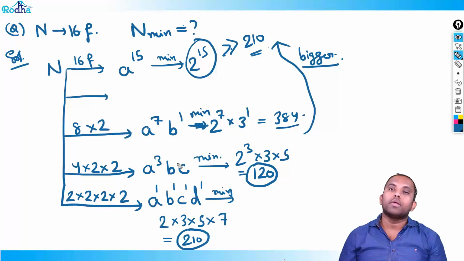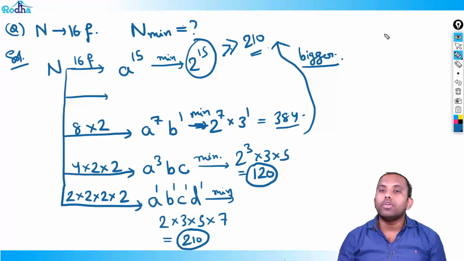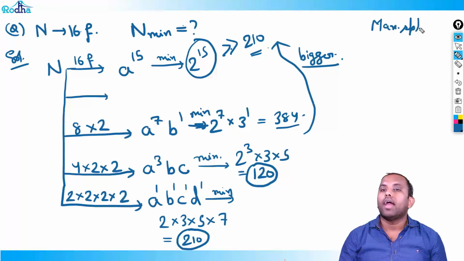And when you know the concept, if this kind of question is asked, where n has a certain number of factors, what is the minimum value of n? In this case, you should always check around maximum splitting for the minimum value. Not always will it be true, but it will be true most of the time.